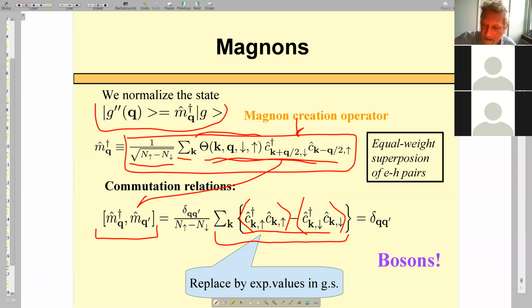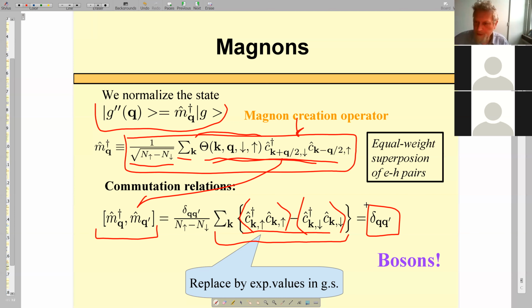So what I have proven now is that magnons are bosons. We have new particles, a new branch of excitation spectrum at low energies, and these are bosons, although we didn't have any bosons originally. We had only electrons.